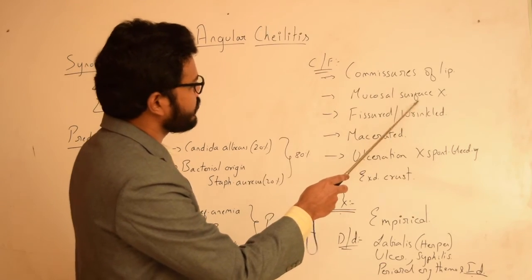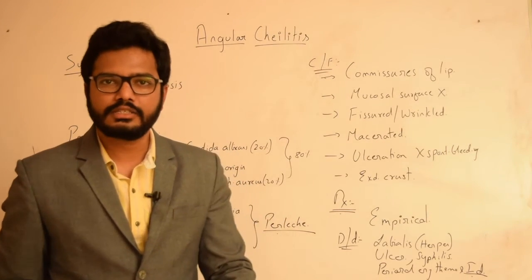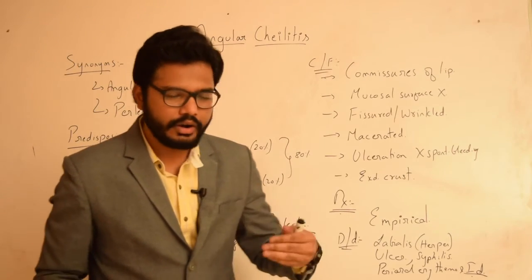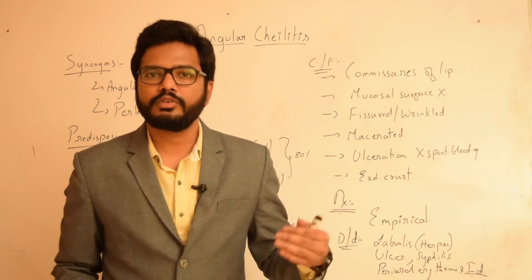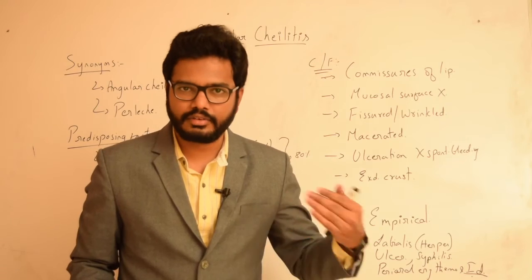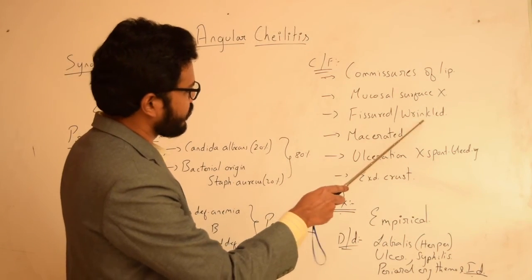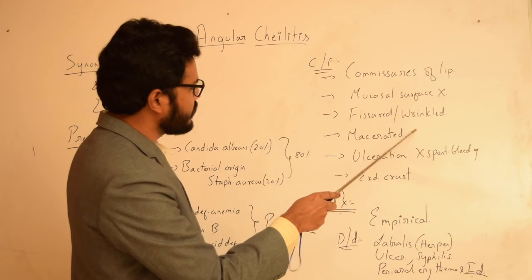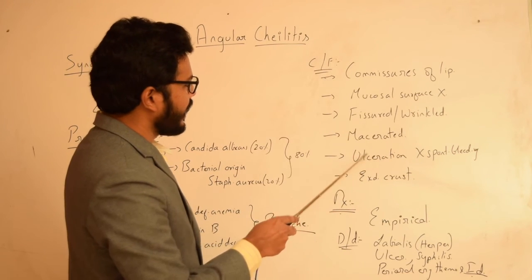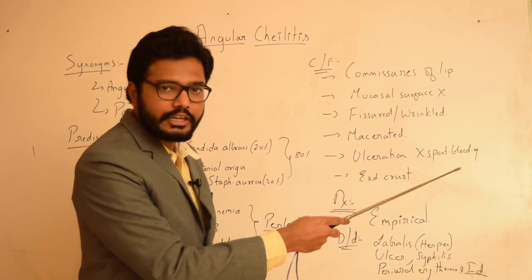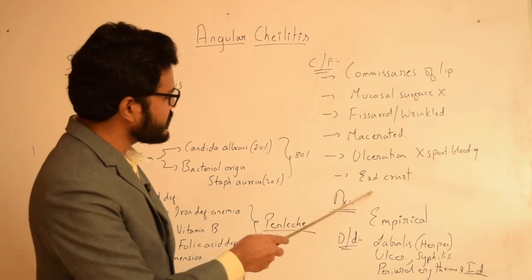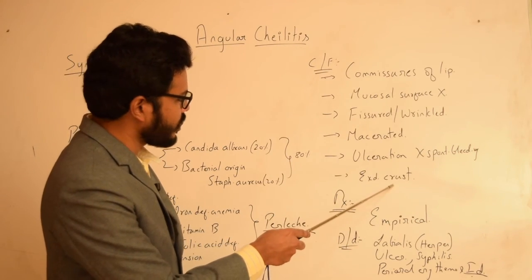On the mucosal surface, we don't find any lesions, and this lesion or infection is confined only to the mucocutaneous junction but doesn't extend onto the mucosal surface. The surface appears fissured or wrinkled, and there is pooling of saliva giving a macerated appearance. There can be ulceration without any spontaneous bleeding, and there is formation of exudative crust on the surface.